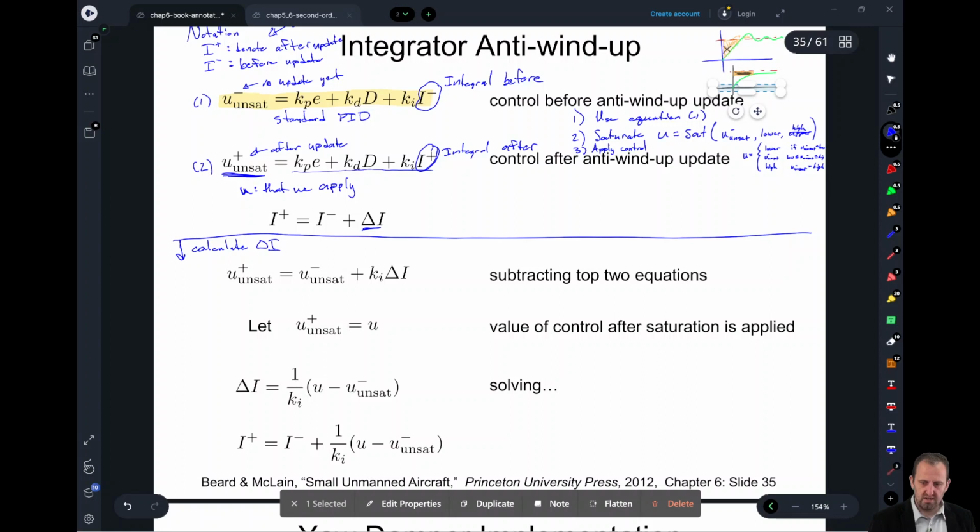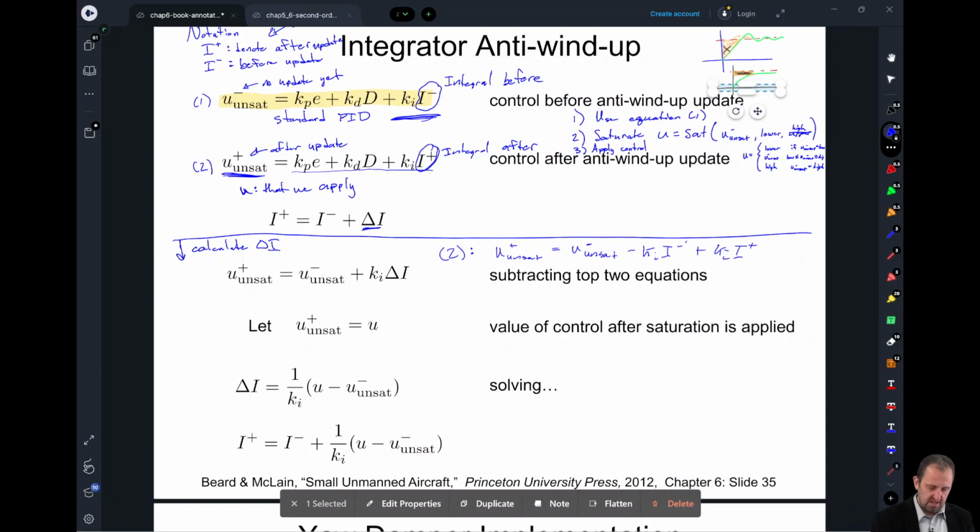Okay, so if we look at equations 1 and 2, from 2 we can say that U unsaturated plus is just equal to U unsaturated minus, and then we don't have this final term, so we'll subtract off minus Ki I minus, and we'll do plus Ki I plus.